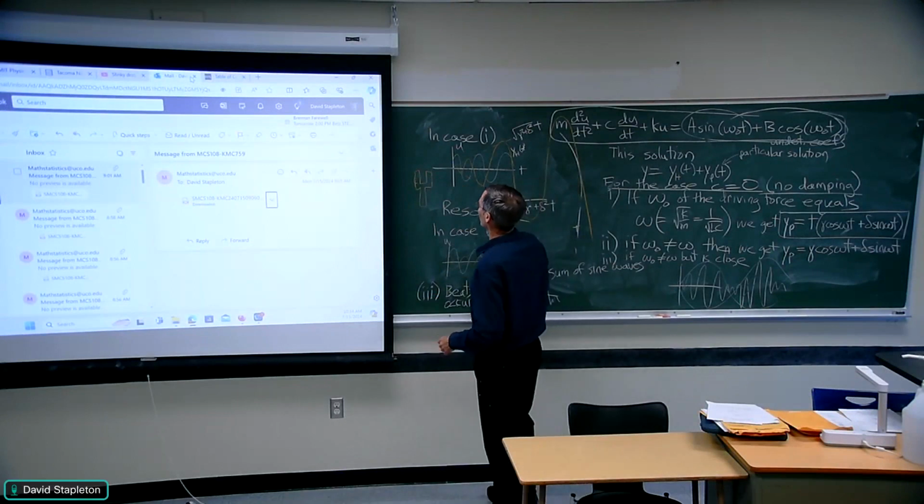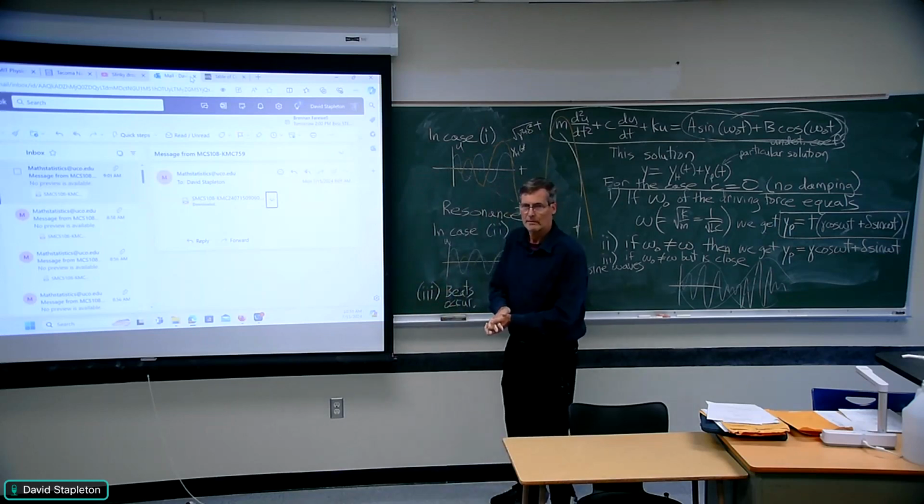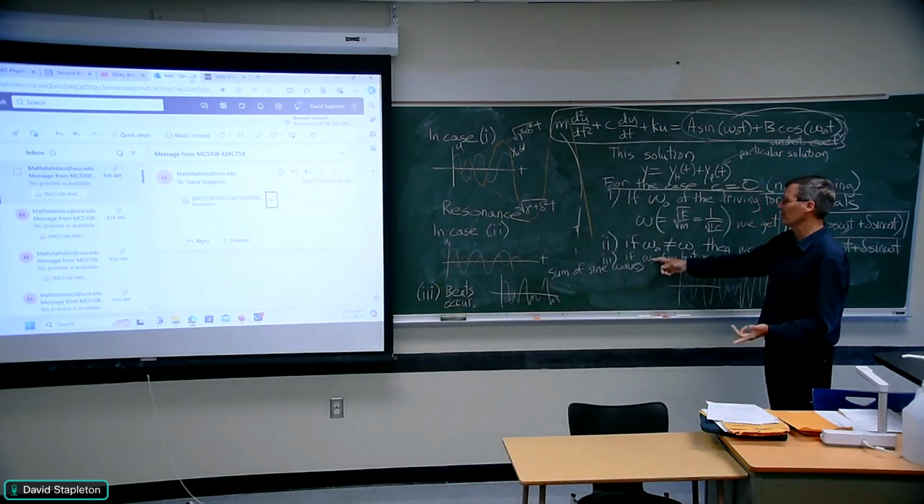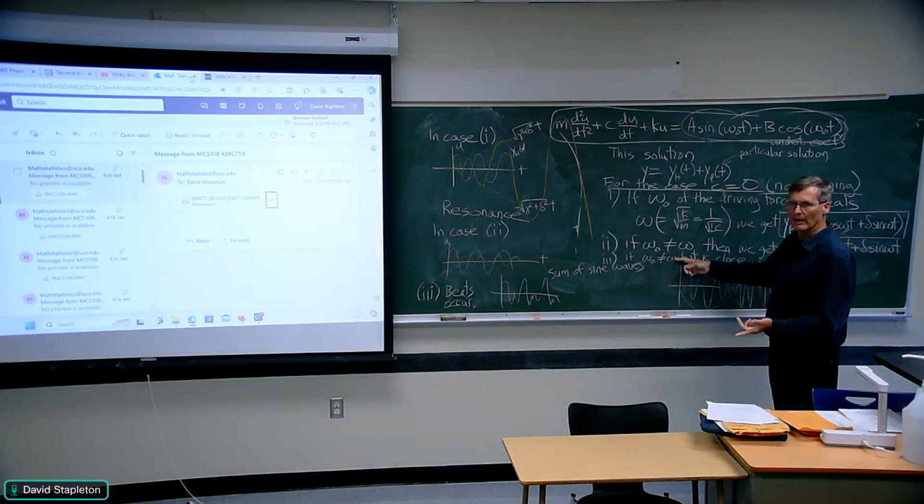With the right length and material, you can make it just the right notes. Anyway, what's the formula for case 3? If omega naught, the frequency at which you're driving the system, is almost equal to omega, which is the square root of K over M for the one, or 1 over the square root of LC for the other, the frequency at which it naturally wants to oscillate. Think of pushing your sister on a swing almost at the frequency the swing wants to swing at.